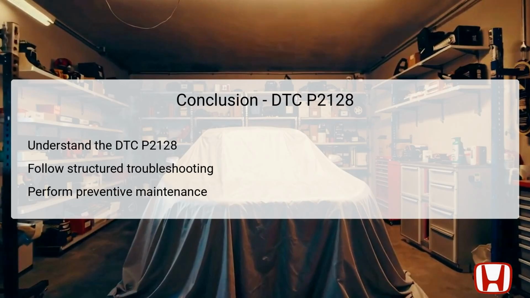When following the structured troubleshooting steps, technicians can accurately diagnose and resolve the underlying issues, ensuring optimal engine performance and responsiveness. Additionally, implementing preventive maintenance practices can help mitigate similar problems in the future. Regular checks and timely software updates not only enhance performance, but also extend the lifespan of your vehicle's vital components.